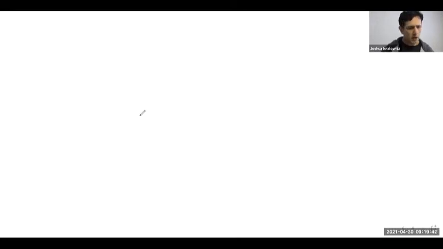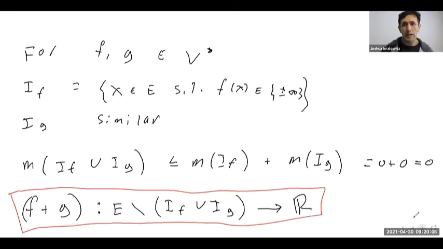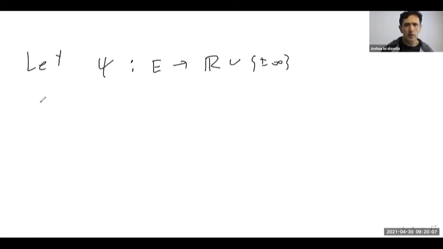Okay, so finishing up from last time, what did we do? We basically said, let this here be any extension whatsoever. We don't care at all what it is. You could literally make it plus infinity on IF union IG identically.